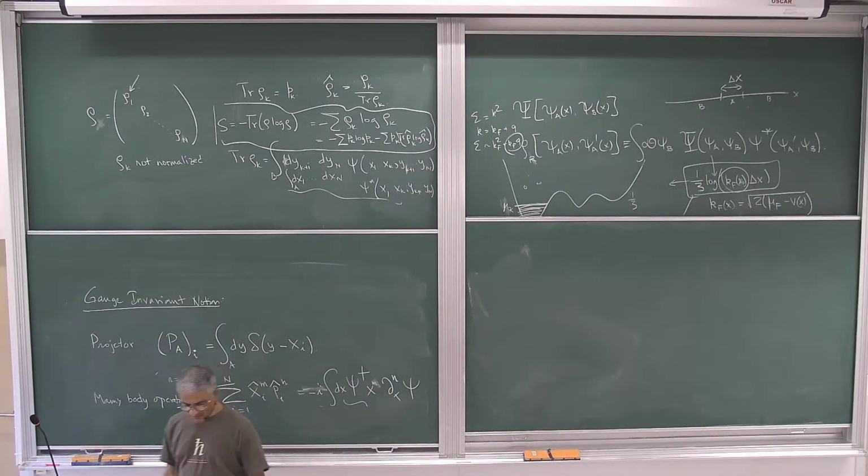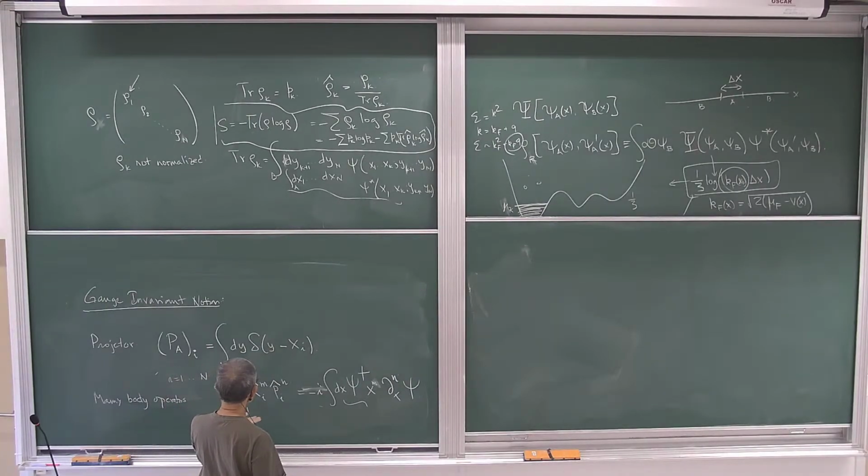So you can easily check, for example, that this is a projection operator: it squares to itself, because it is a product of delta functions with an integration. Theta squared is theta. Theta is the Heaviside function, if you wish. So this does the job.